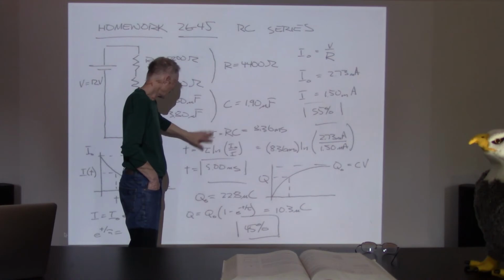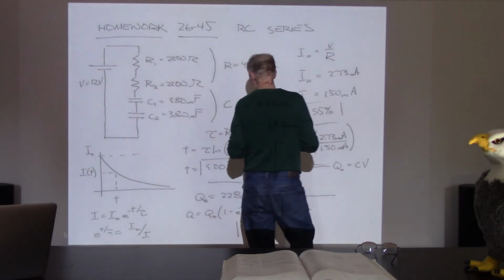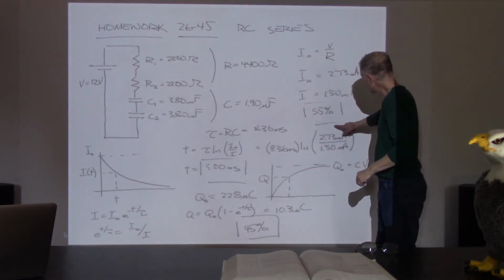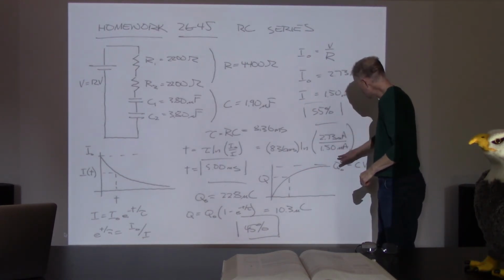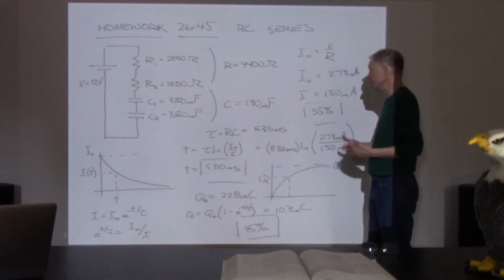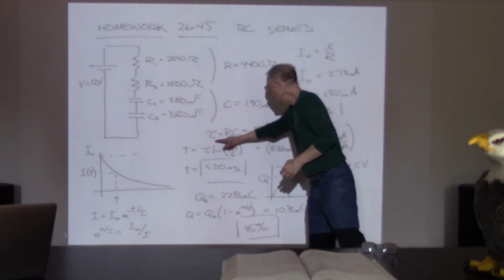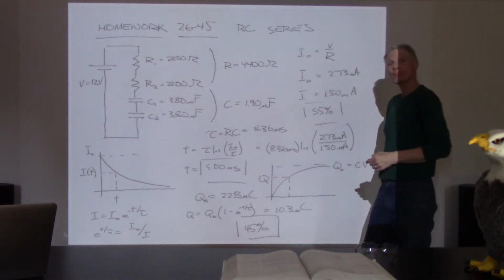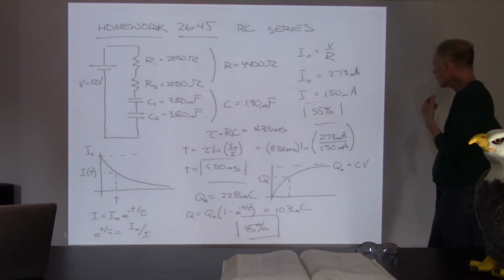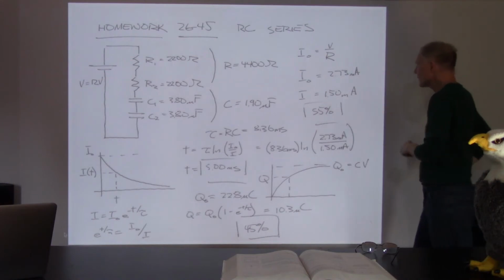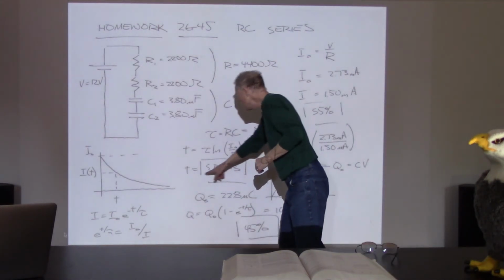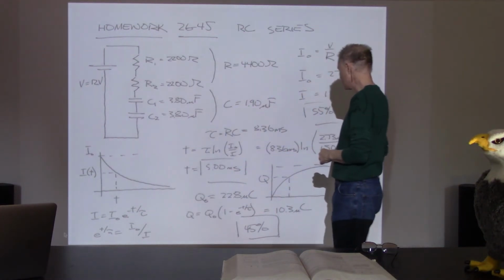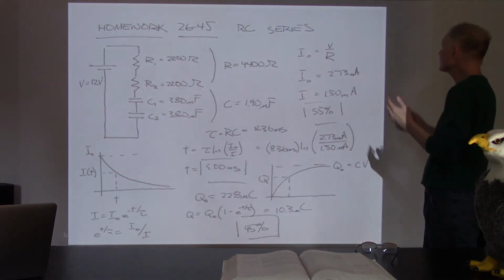I've derived it right here, and we saw this in other lectures. So what I can do is plug the numbers in. 2.73 over 1.5, the units cancel out, so the milliamps work fine. And then for the time constant, I can plug in that 8.36. All right, so that's what's going on here. We put everything in, and a bit of a coincidence, the time worked out to be 5.00 milliseconds. That's the time, and that's what they wanted.